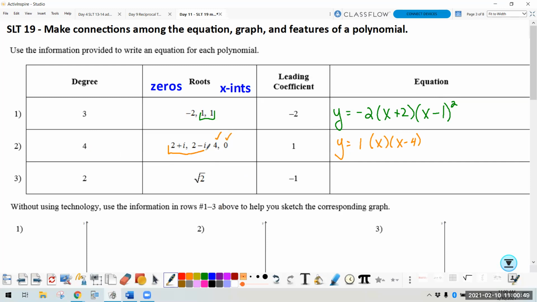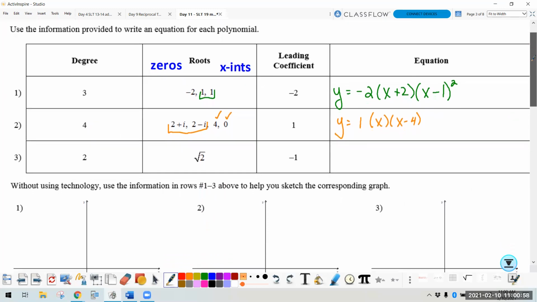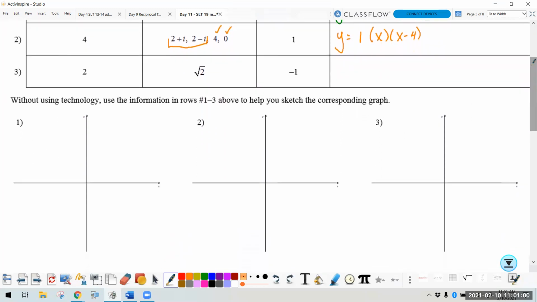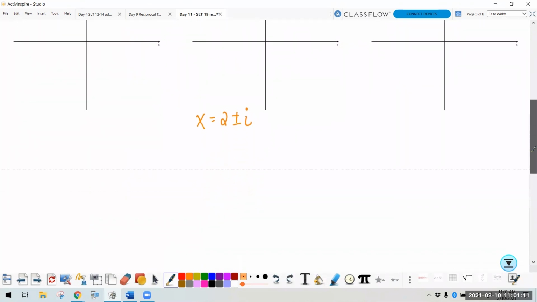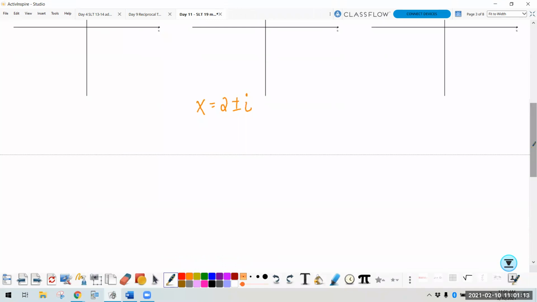And now these complex roots, I have to figure out where would they come from? So I'm going to work backwards. Let me get some space down here. I know the answer would be 2 plus or minus i. If we solve, we should get 2 plus or minus i. Well, now I have to figure out what factor did that come from.